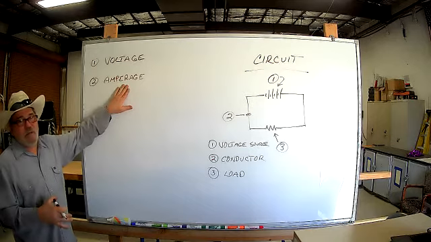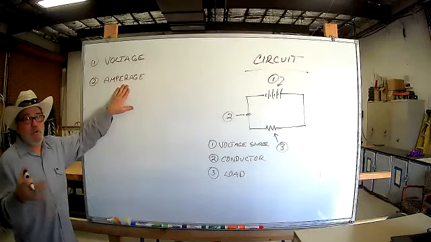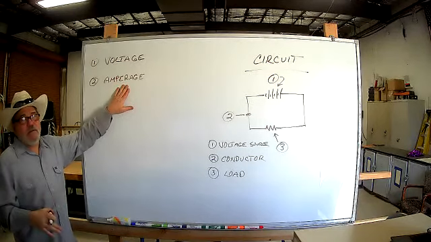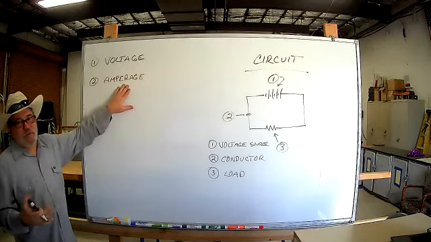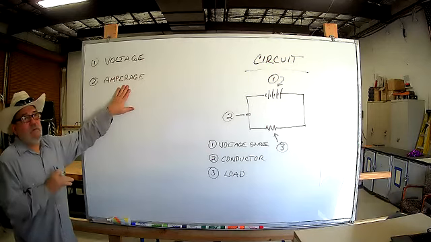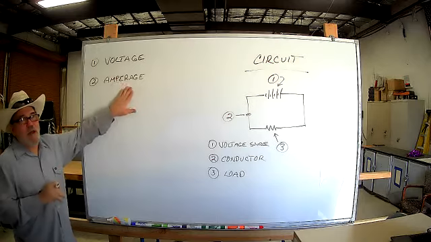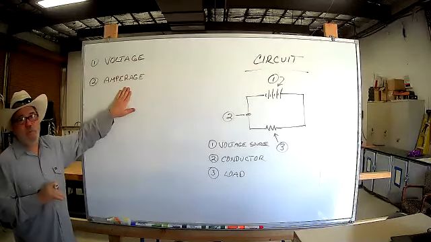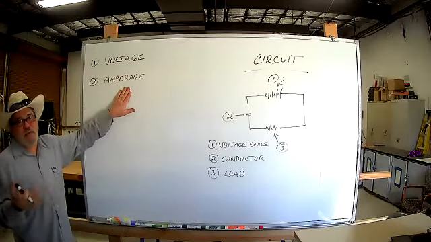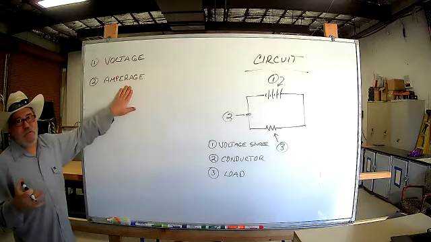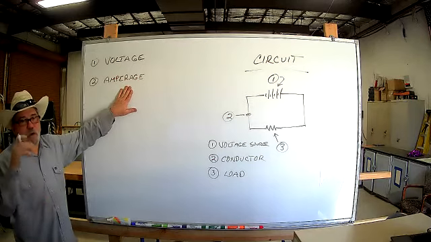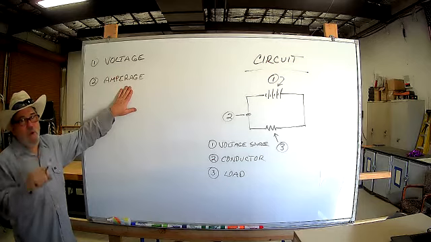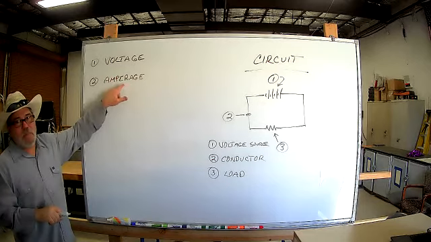And amperage is actually coulombs per second. Rather than saying coulombs per second, they just call it amperage, because one coulomb passing by one point in one second equals one amp.